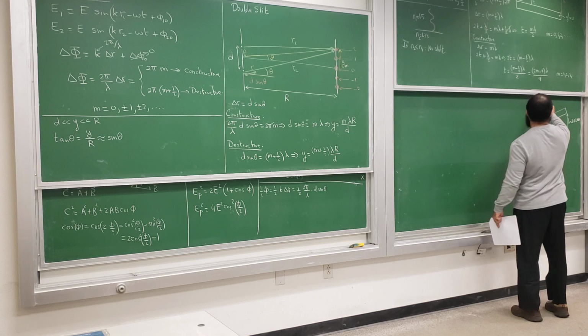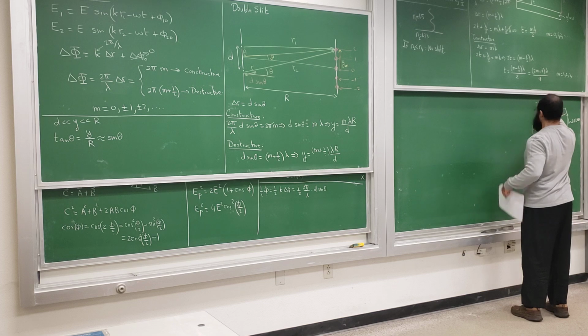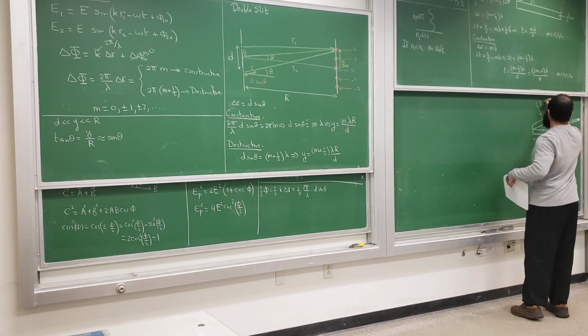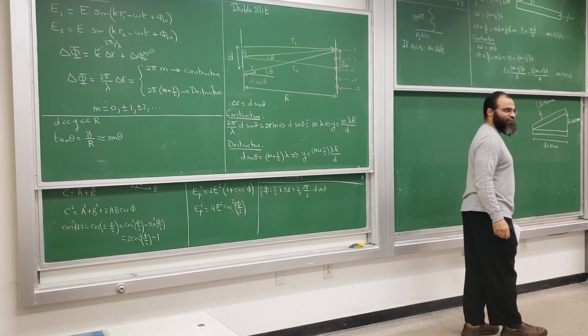Let's say the wavelength, the light that's coming in, lambda, is 500 nanometers.